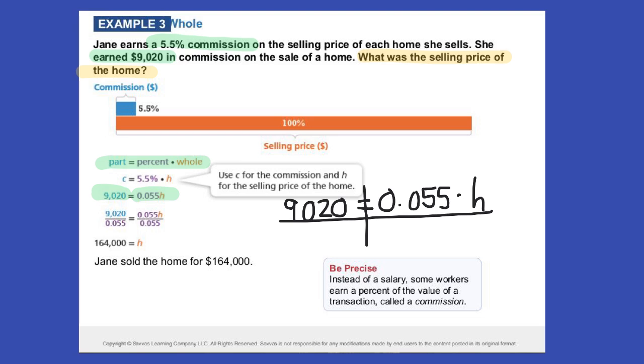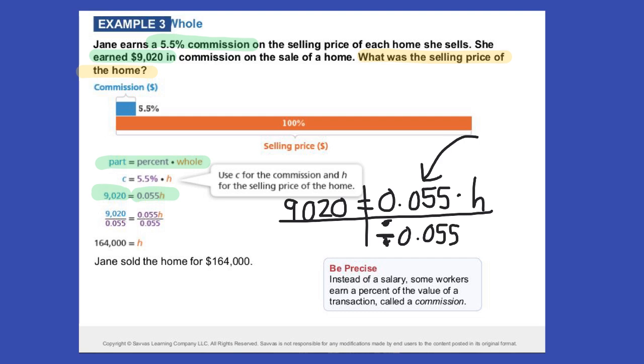If I want H to be by itself, I have to get rid of this number. Right now, I'm multiplying by 0.055. The opposite of that is dividing by 0.055. The numbers are divided, and I divide in order to solve.